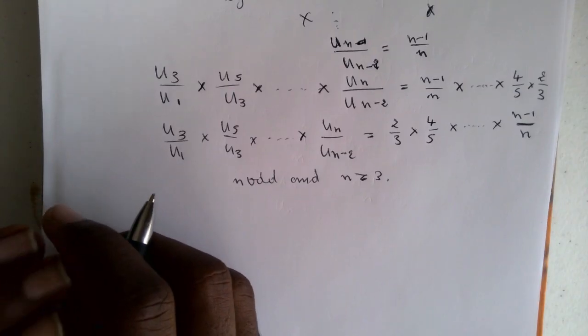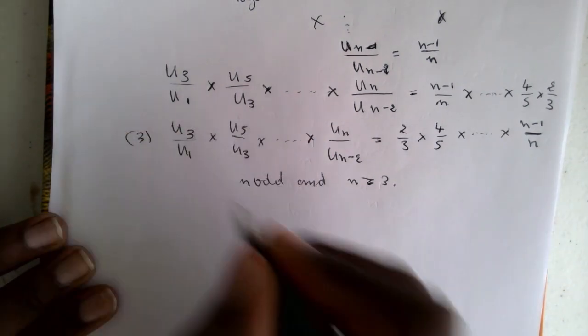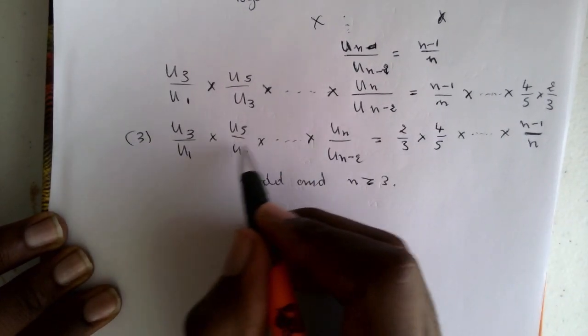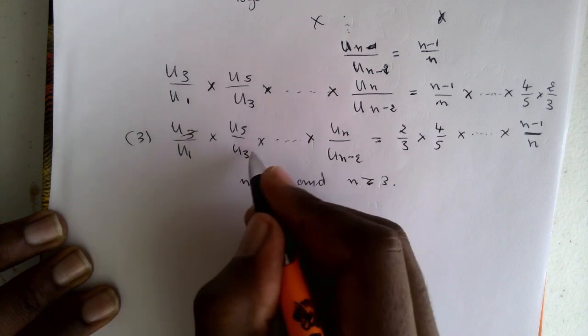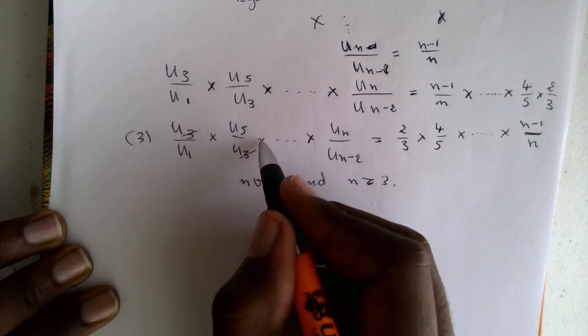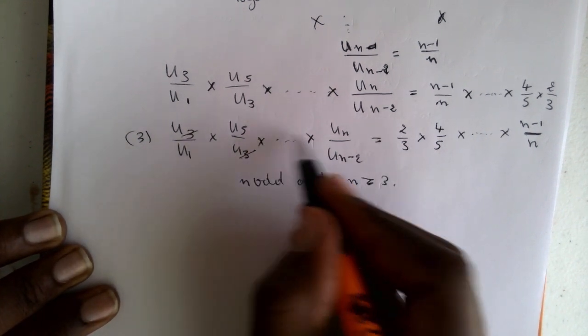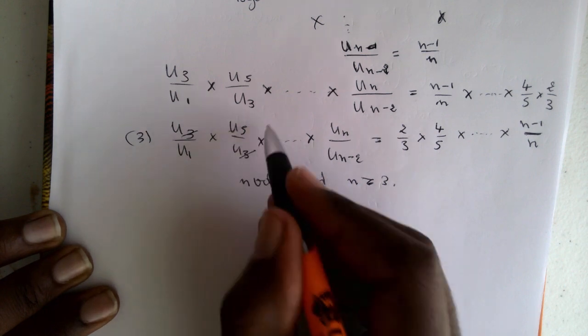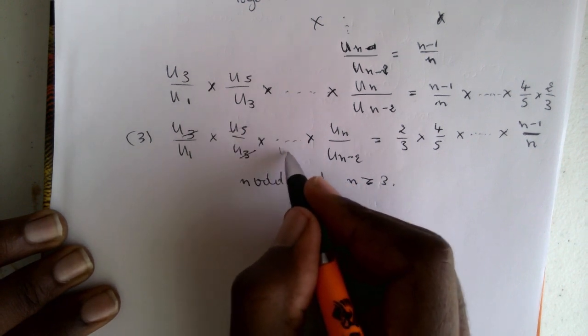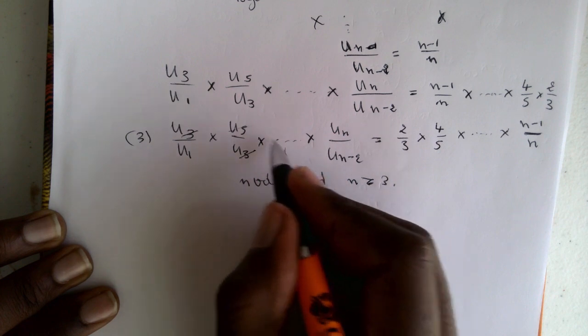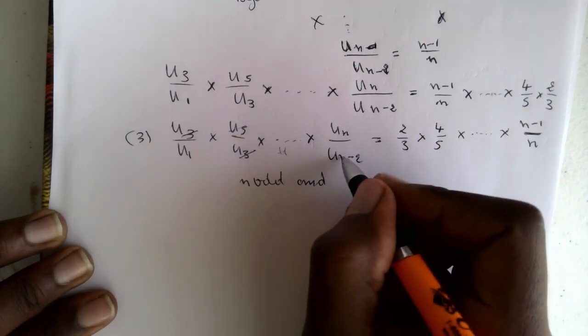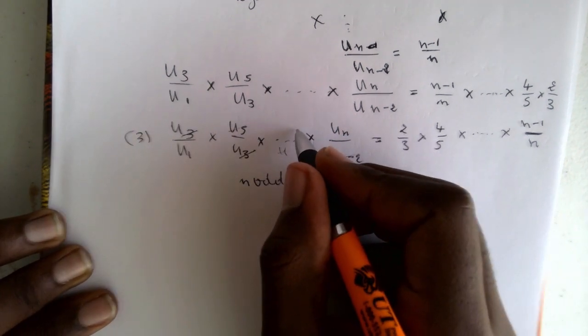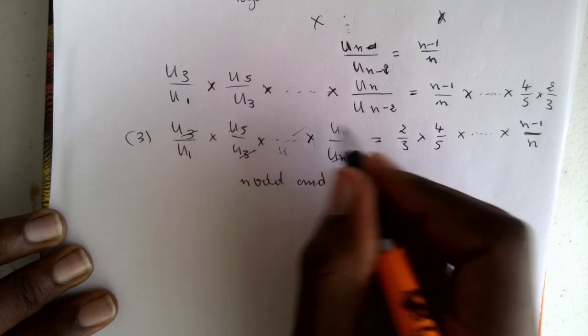Now we see that some terms simplify, like u_3 and u_3. If you kept writing those terms, you'd have u_5 in the numerator and u_5 in the denominator, which cancel, and for u_(n minus 2) there will be a u_(n minus 2) in the denominator as well.